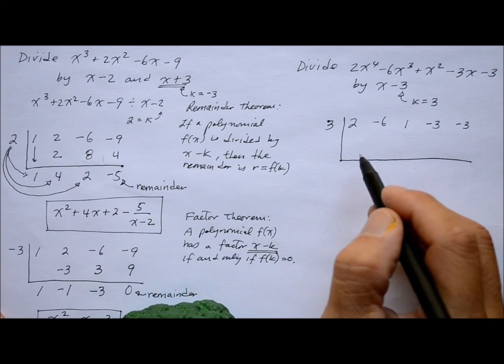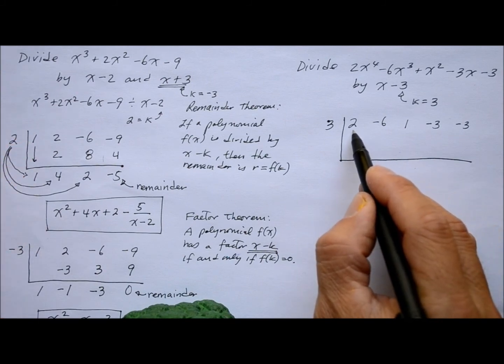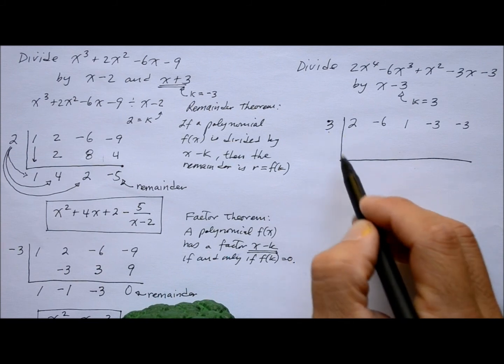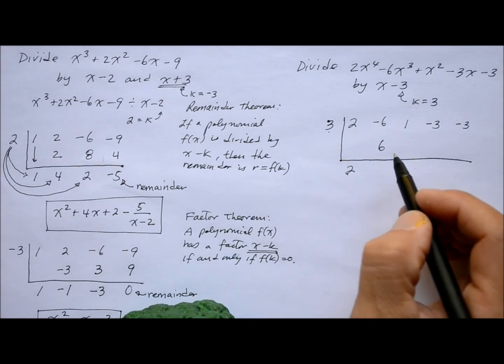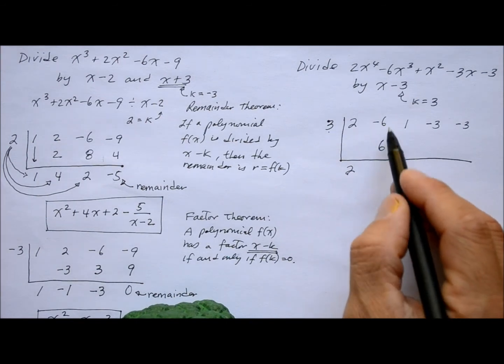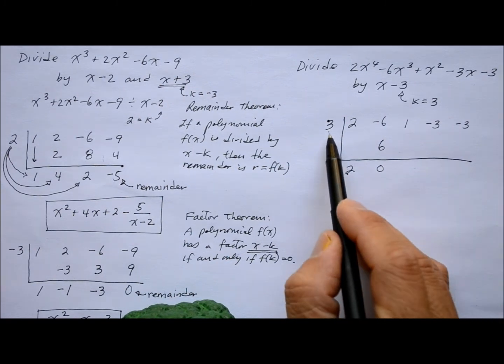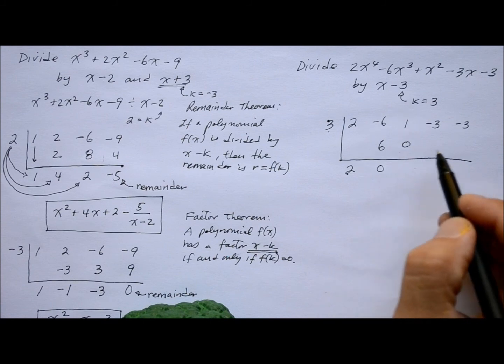Just like before, bring down the leading coefficient to start things up. In this case, it is 2. So 3 times 2 is 6. Whoa! From the get-go, it cancels out, zeroes out. Now 3 times a 0 is a 0.